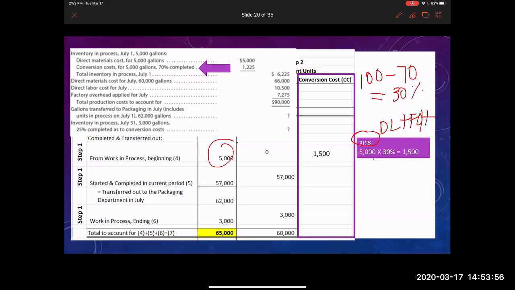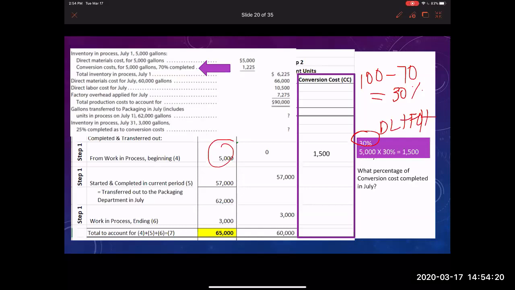Now, what I started and completed in the current period. This goes back to what we talked about in direct materials. If I started and completed 57,000 gallons in the current period, that means I have added 100% of the conversion costs.